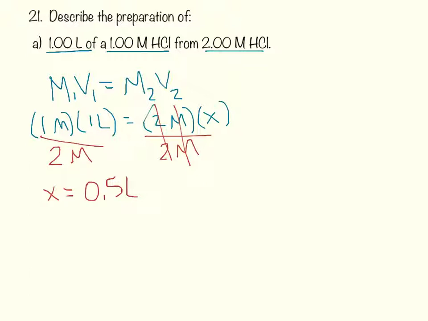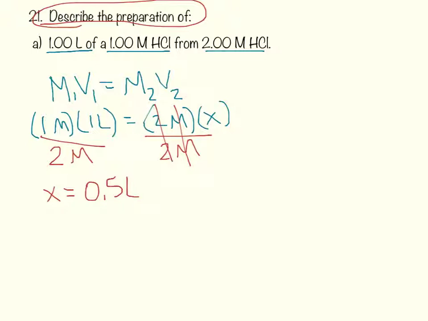Now we'd be finished there if it was just asking how many liters, but it's not asking just how many liters. This time it's asking describe the preparation of. So how would you prepare a solution? So here we go.